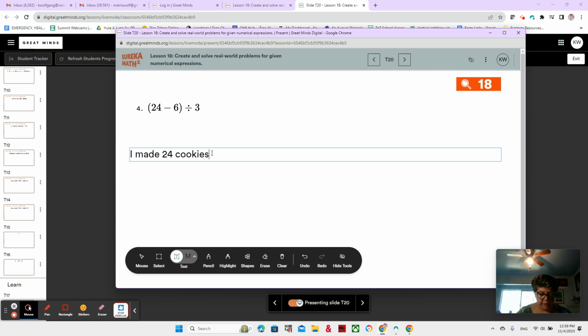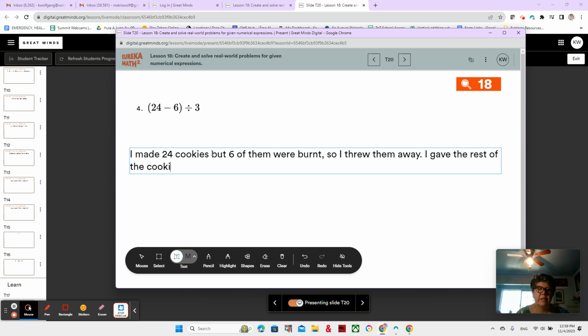I made 24 cookies, but 6 of them were burnt. So I threw them away. I gave the rest of the cookies to my 3 friends.